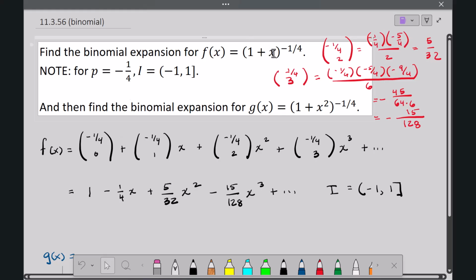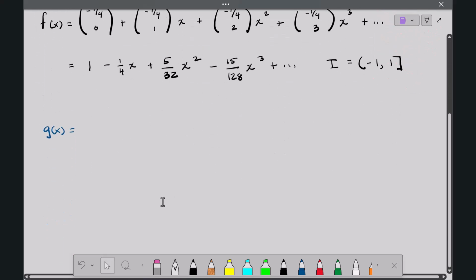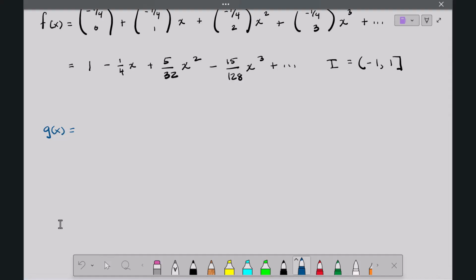So we're just going to substitute an x squared in everywhere we see an x. Okay, so that looks like this. Substituting x squared wherever we see an x. We'll go to 4 non-zero terms. And this is what our expansion looks like.